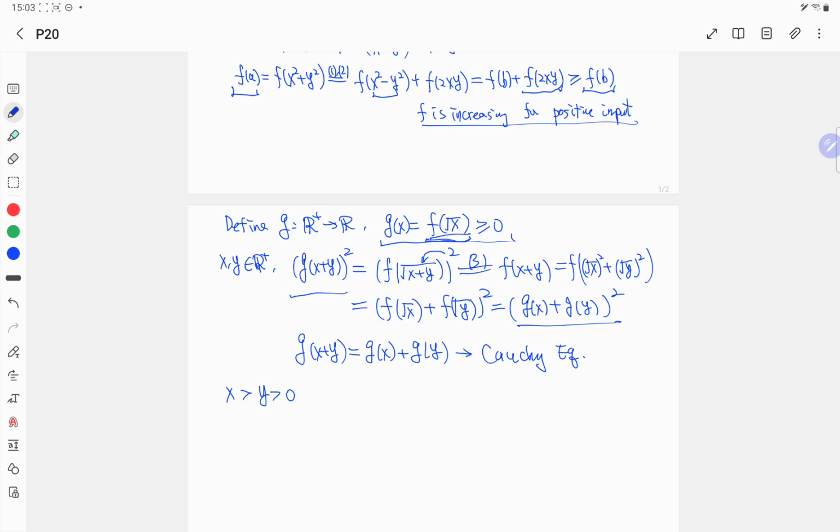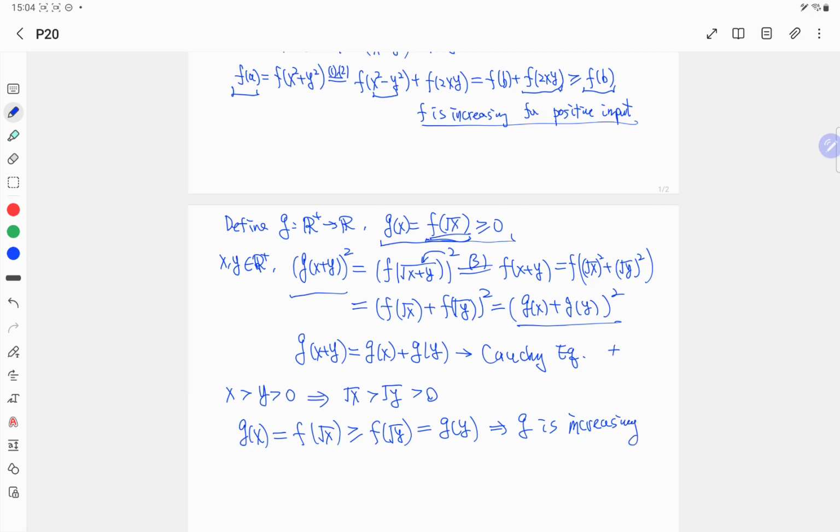Okay, so in such a way, as square root is a monotonic increasing function, square root of x is also greater than square root of y is greater than 0. In such a way, we know that g of x is equal to f of square root of x, which is greater than or equal to f of square root of y, which is equal to g of y. So which means that g is increasing.